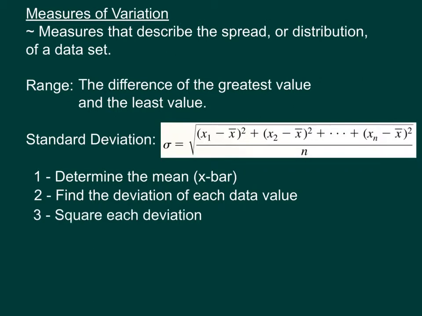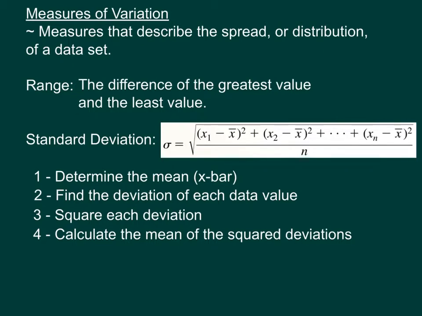After we square each deviation, we're now going to add them all up and divide by the number of deviations. What that is, is actually finding the mean of the squared deviations, and we call that variance. And then finally, once we've done all of that, we're going to take the square root of our result. Now, the good news is we're not going to be relying on simplest radical form here.